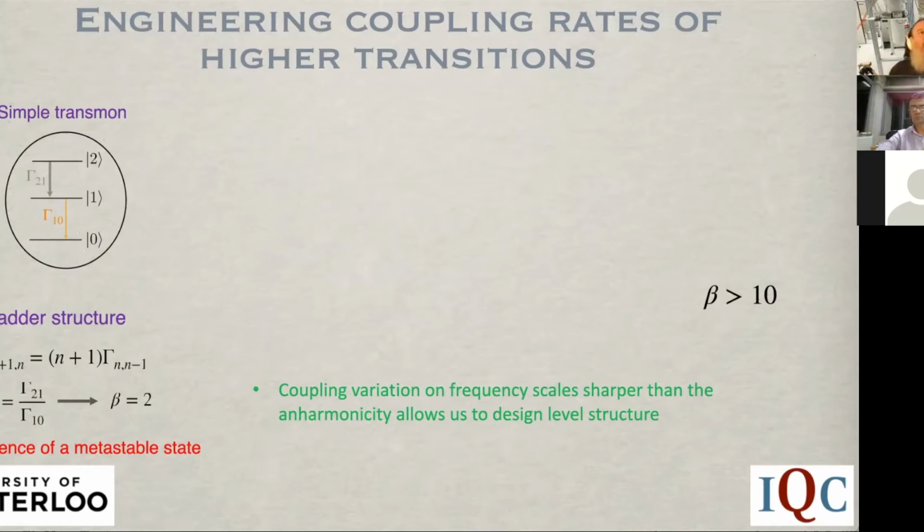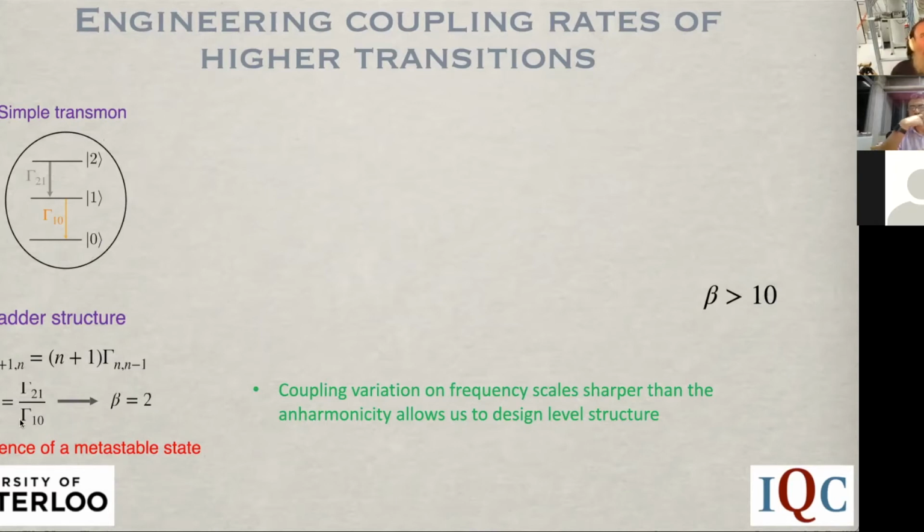So there's a simple relationship between the transition rates of one set of levels to the lower set of levels. For the 1-0 to 2-1, it's just a factor of 2. What this means is I never really have metastable states in this atom, so it has a boring level structure if I think about quantum optics.